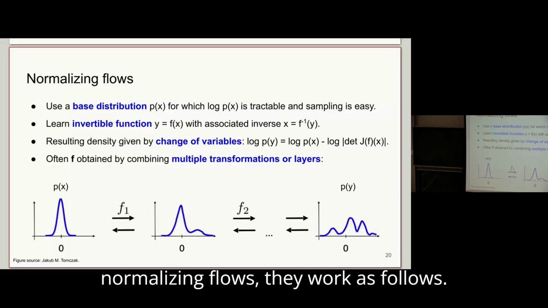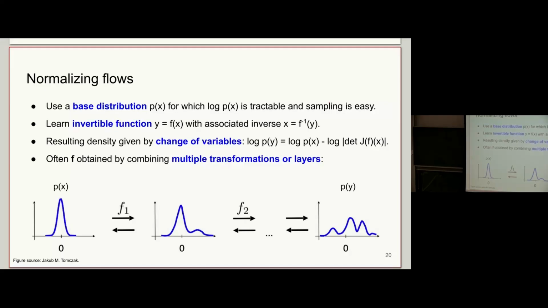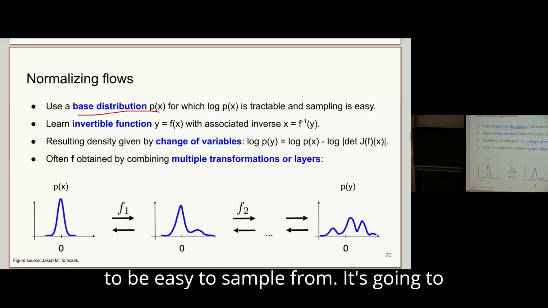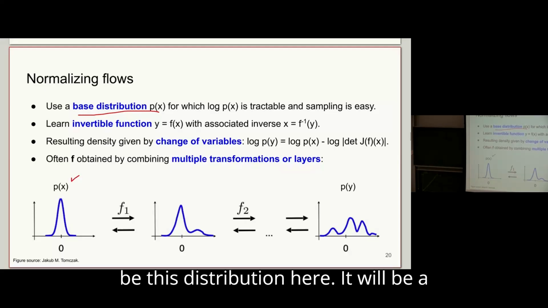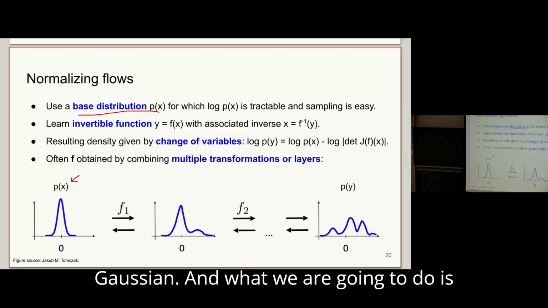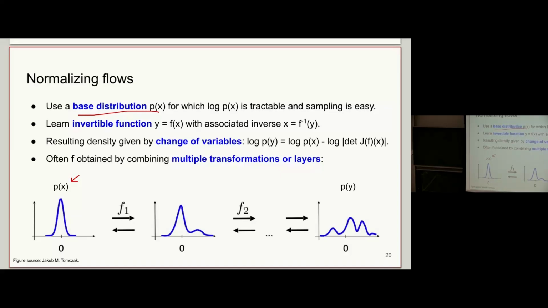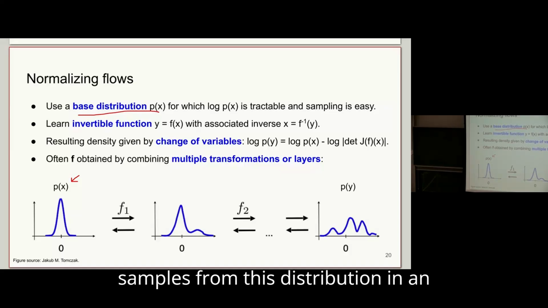So normalizing flows work as follows. We have a base distribution that is going to be easy to sample from. It's going to be this distribution here. It could be a Gaussian. And what we are going to do is nonlinear transformations of samples from this distribution in an invertible way.